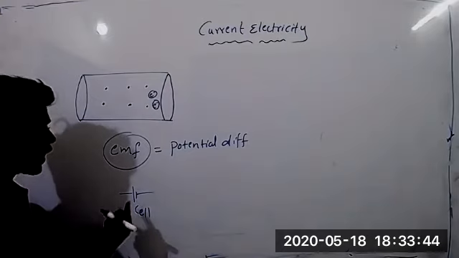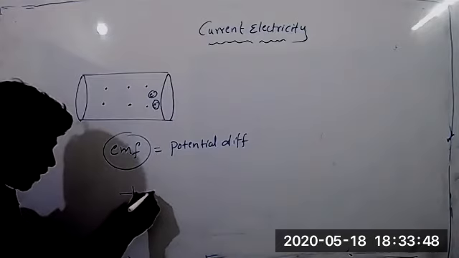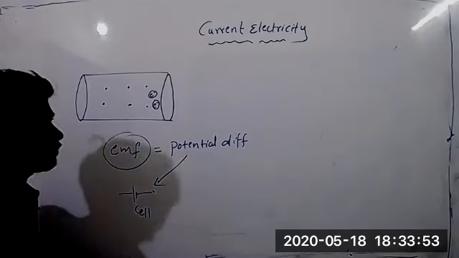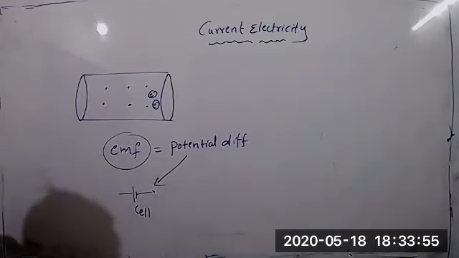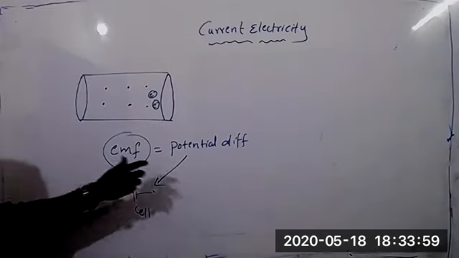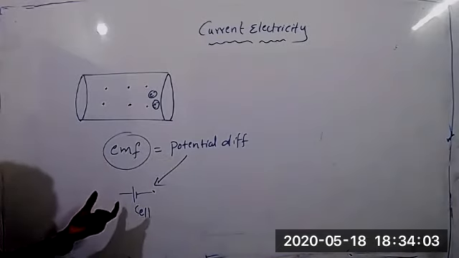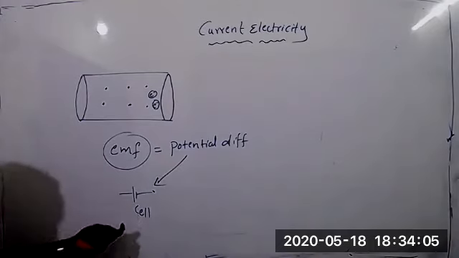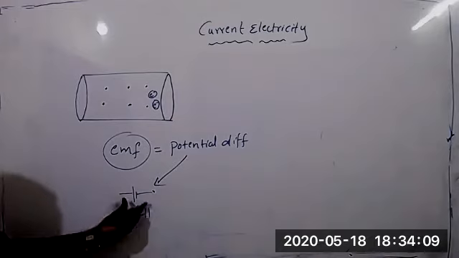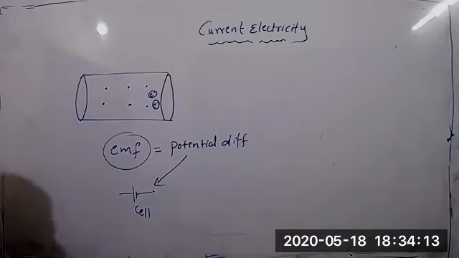It can motivate the electrons so that they can move from one place to another. If you connect this cell in the circuit, it becomes potential difference. Both are the same, measured in volts. When the cell is not connected in the circuit, we call it EMF. The same cell, if connected in the circuit, gives the potential difference.